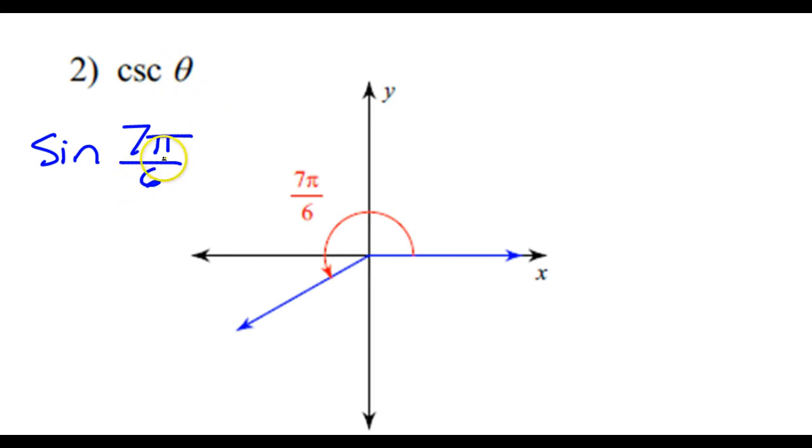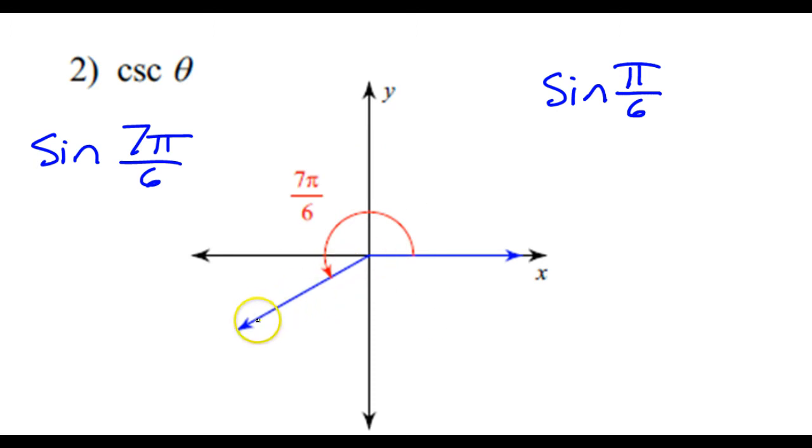Okay, look at the reference angle of pi over 6. So sine of 7 pi over 6 is going to be the same thing as the sine of pi over 6, except maybe we'll need to put a negative sign on it. Now, they were kind enough to draw the picture for us, so we can just look and see.